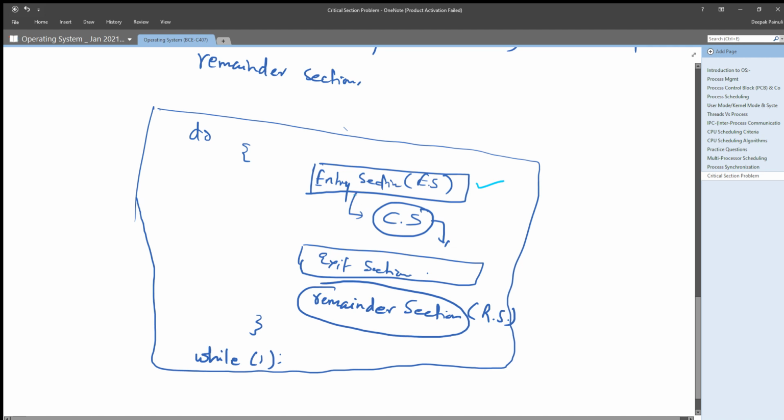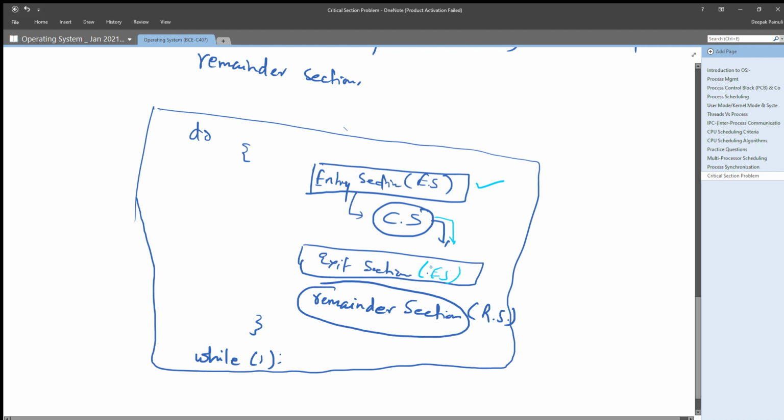After that, it will enter its critical section, and when it completes its execution of the critical section, it will exit, or ask for the exit of the critical section, in the exit section, right?